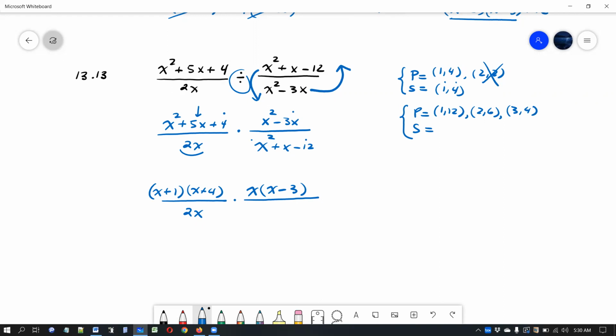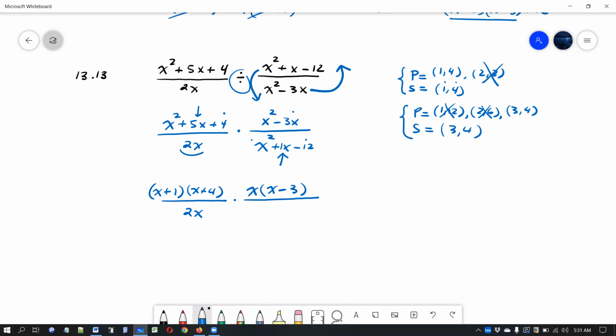Out of these three possibilities, I need one whose sum is 1, right? There's an invisible 1x right there. This is too far apart. This is too far apart. So the only possibility is 3 and 4. Obviously, if I add 3 and 4, I get 7. I don't get positive 1.